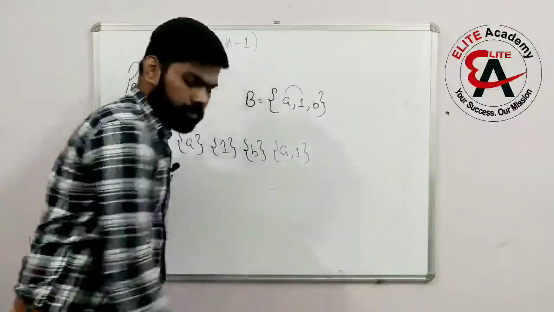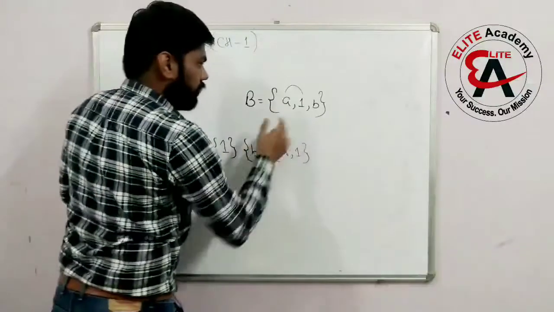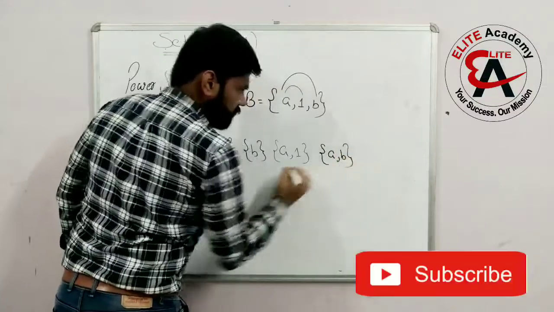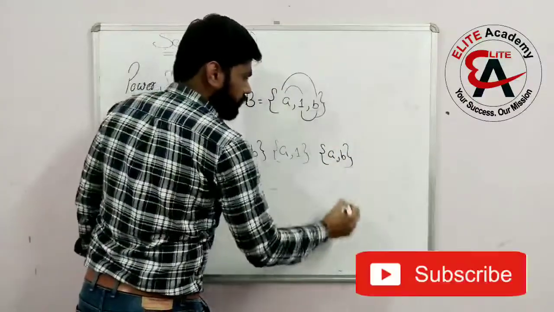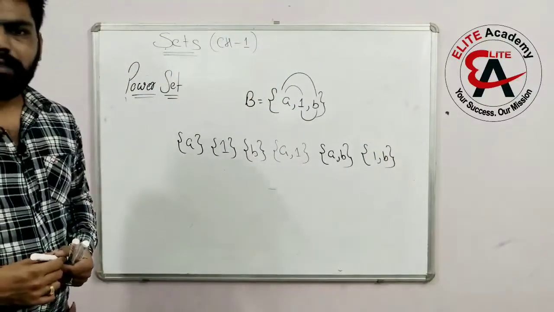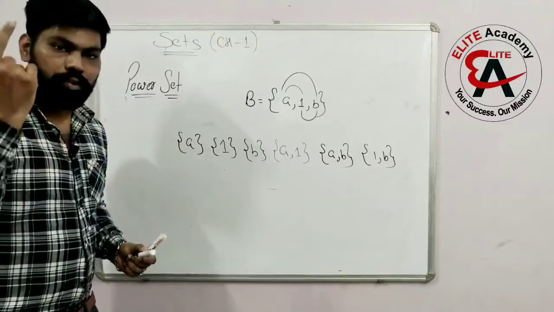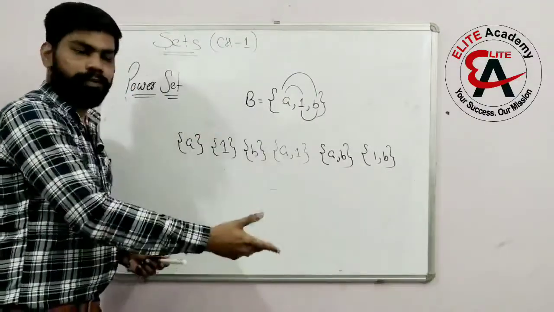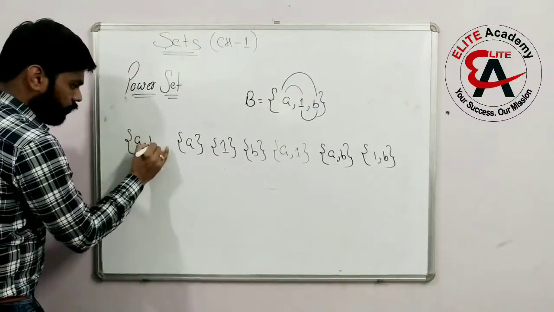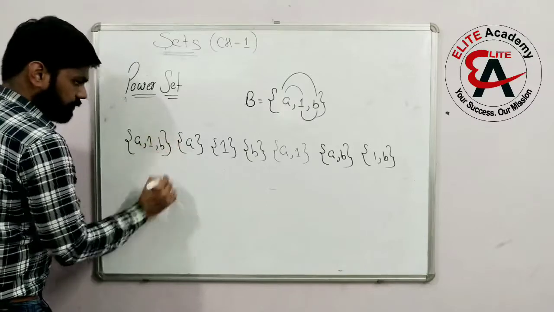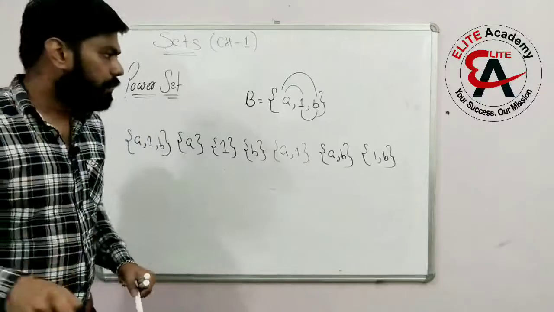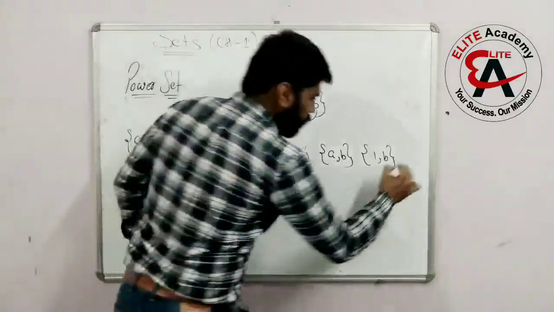So I've written A with 1, next I will write A with B. Third, I will write 1 with B. So the pairs have also come, these can also be subsets. Next, you remember every set is a subset of itself, so it must be A, 1, B. Yes or no? One more, the empty set. The empty set is a subset of every set.